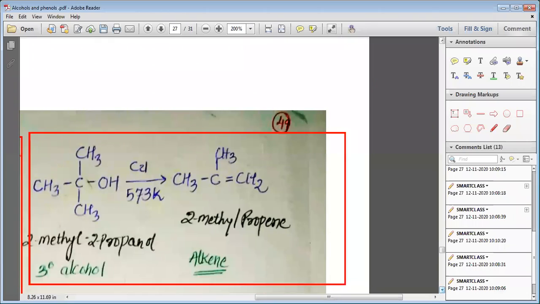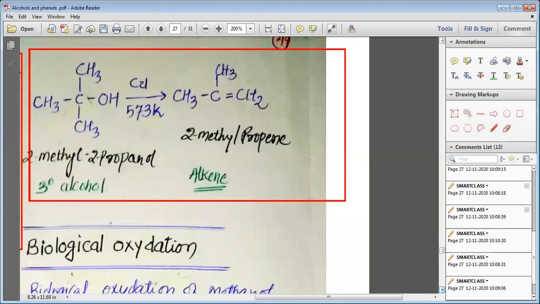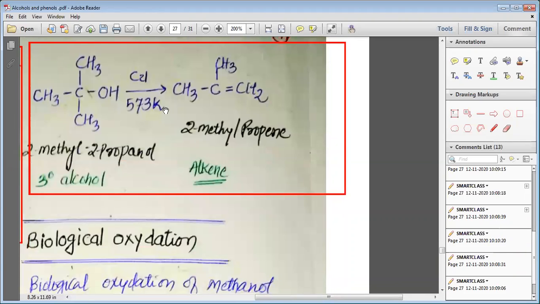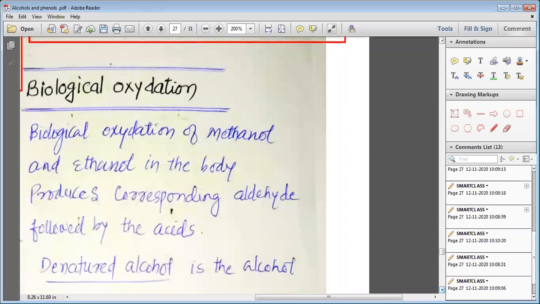So when we heat this tertiary alcohol in the presence of copper at 573 Kelvin temperature, we get 2-methylpropene. So instead of oxidizing, here the dehydration takes place and we get alkene as a product. So tertiary alcohol heated with copper at 573 Kelvin gives us the alkene instead of oxidizing itself.